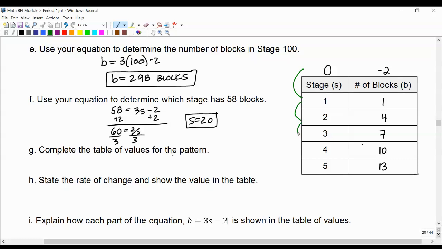Each time it's going up by, for X or S, 1, and for Y, 3. All right, so our ROC, or our CFD, is, I'm going to even try to color code this, 3 over 1.